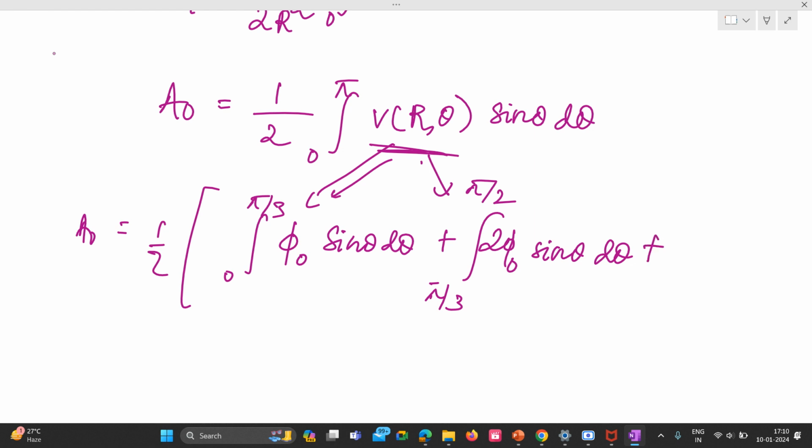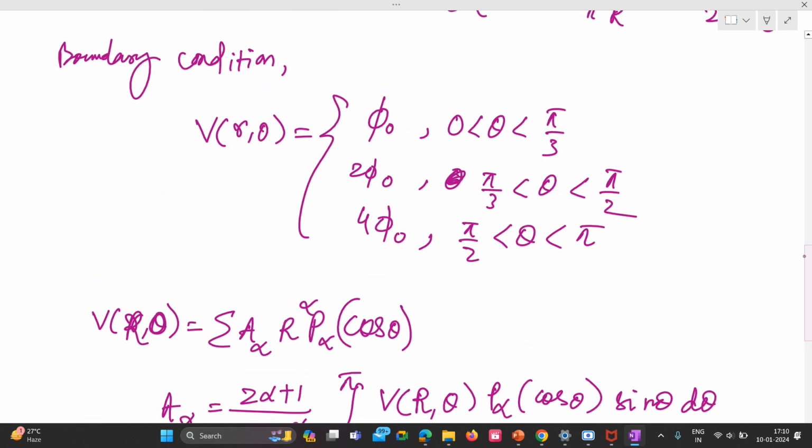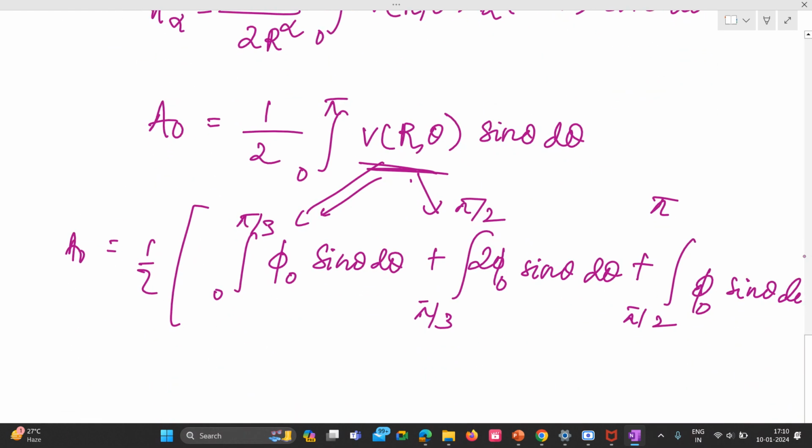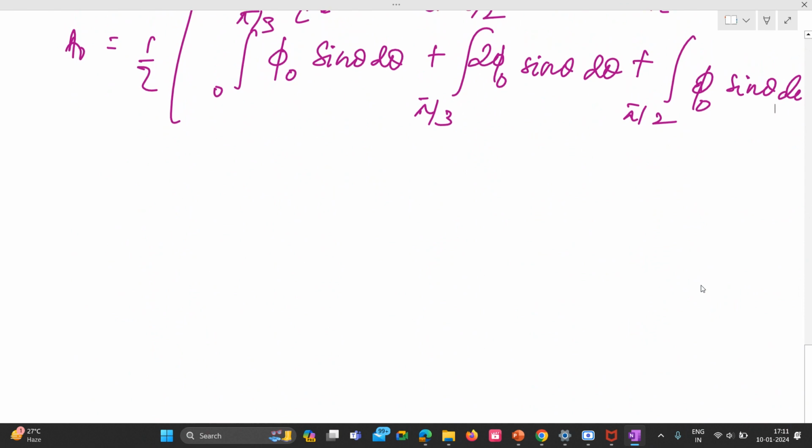Now comes the easy part. Up to this point, it's a bit conceptual. Pi by 2 to pi, phi naught sin theta d theta. Sorry, sin theta d theta. All right, so from here I can do what?